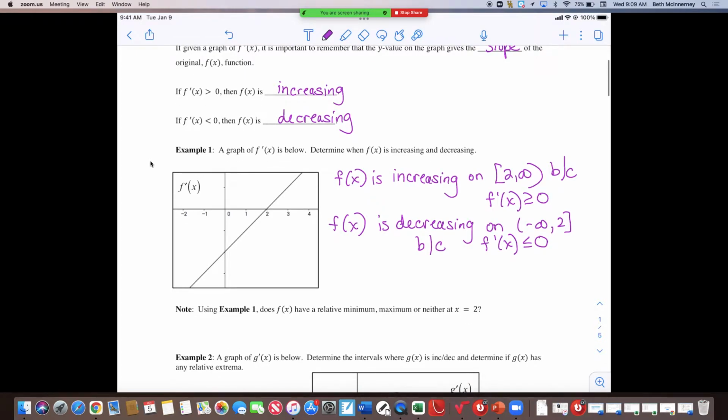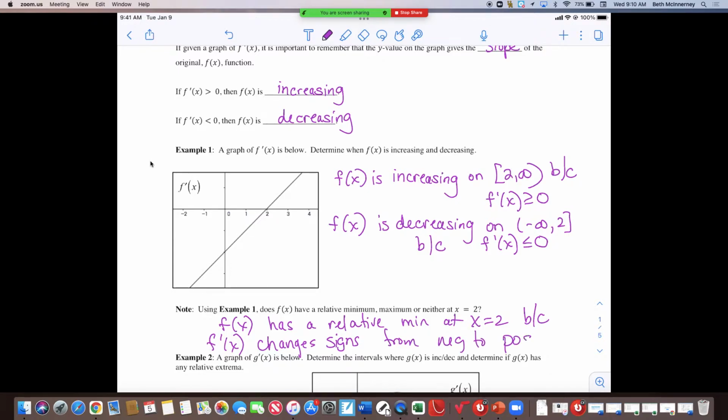All right, so then, Carter, do we have a relative min, max, or neither? Because f prime of x changes signs from negative to positive.